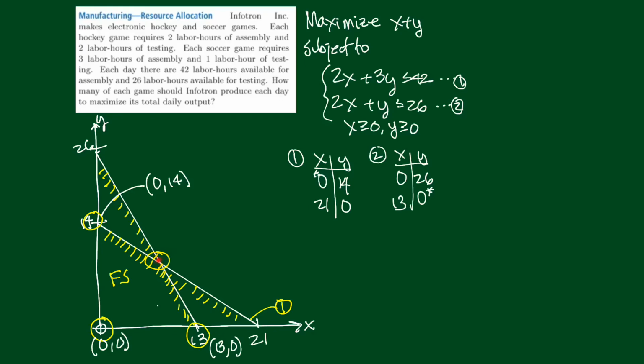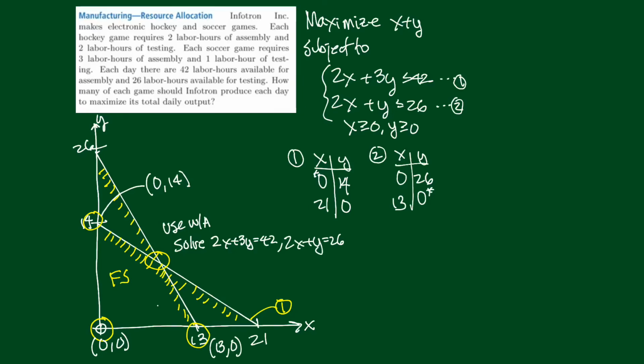This point here is the intersection of these 2 lines. Now, the 2 lines are these right here. So I'm going to solve that system. I'm going to use Wolfram Alpha to do this. What you might do is just type in this. You could RREF, or you could just say solve 2x plus 3y equals 42, comma, 2x plus y equals 26.